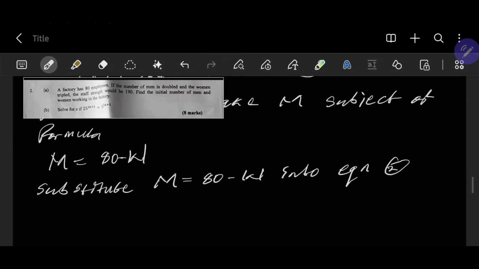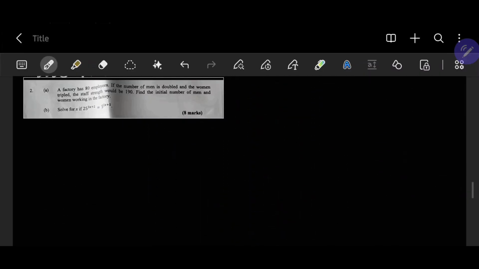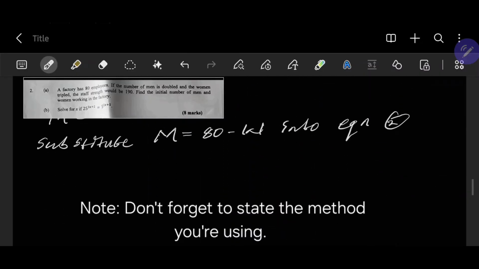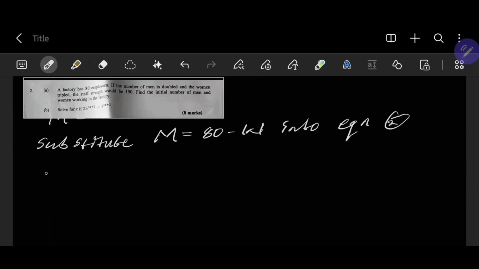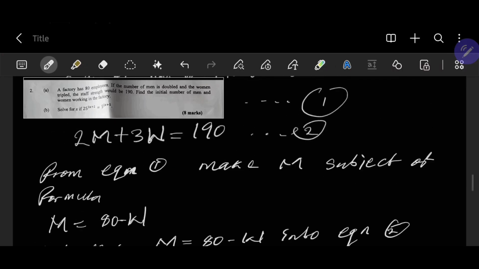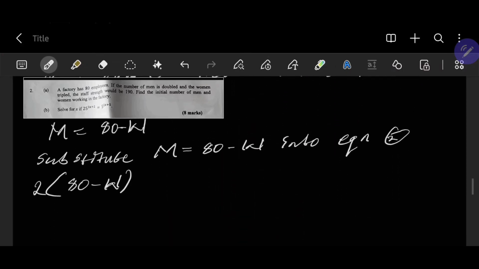So we have 2m in equation 2, and anytime you're substituting any value of something, please put it in a bracket to be safe. So I'm going to put in brackets 80 minus w in place of m. So we have that plus 3w equals 190.